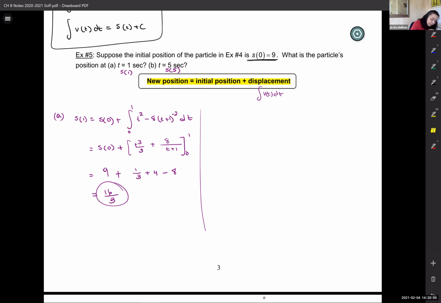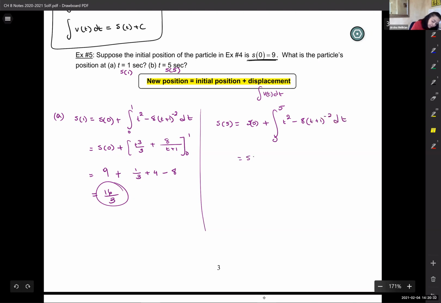And then for s of 5, we do the same thing. It's s of 0 plus. How much did the position change? Well, it's the integral from 0 to 5 of v of t dt. It's the same function.